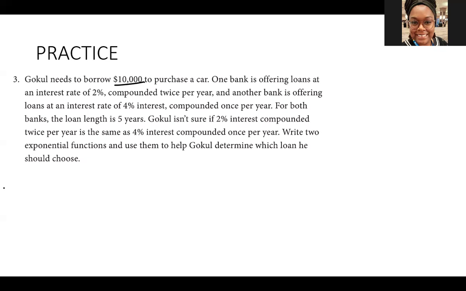So on the first one here, either way, it's still going to be 2%. I'm going to call this Y1. Okay. So we have 10,000 and we have 1 plus 0.02 compounded twice per year, so divided by 2 to the 2t, right?